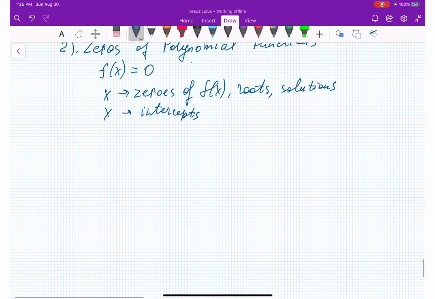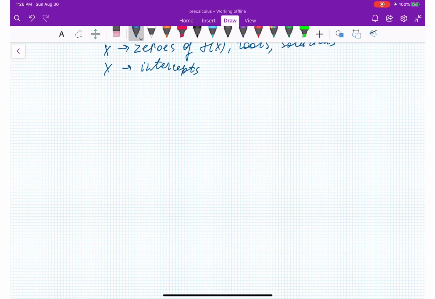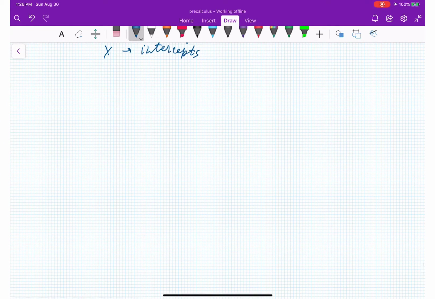So let's make it clear by example. They say it's better one time to see than 10 times to hear. So f of x is equal to x cubed plus 3x squared minus x minus 3.